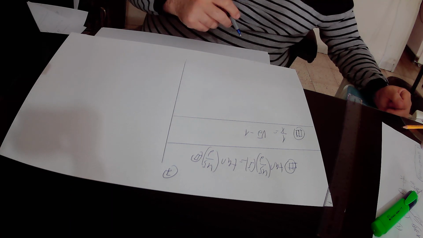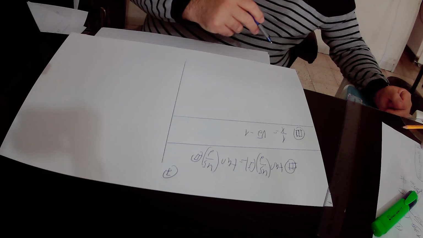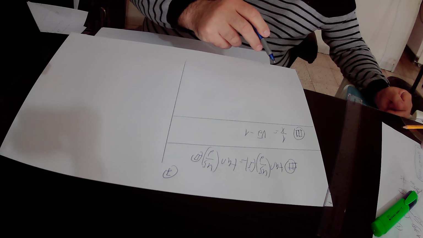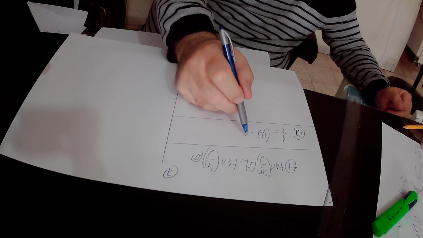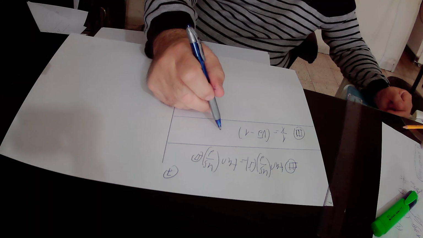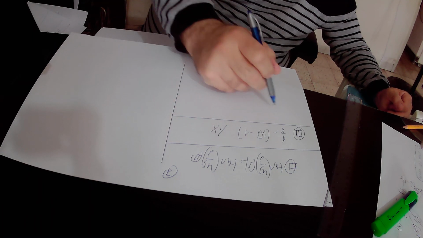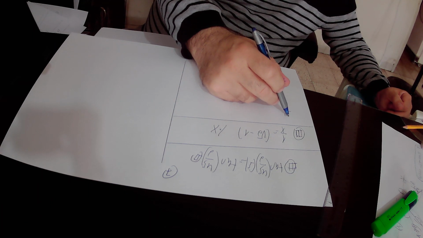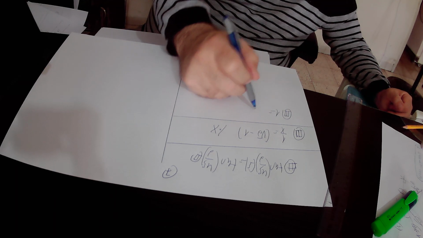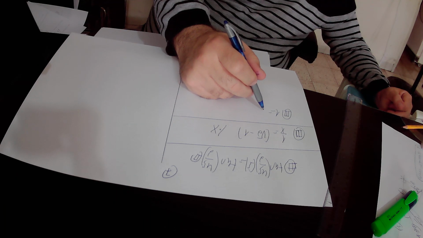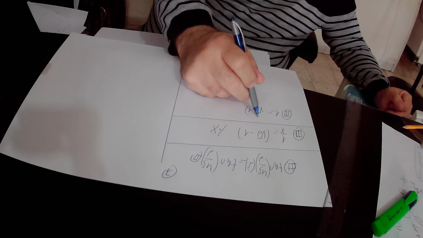So according to equation number 3, we found out that 1 over x equals the square root of 2 minus 1. Here we multiply this equation number 3 by x, and we get that 1 equals the square root of 2 minus 1 times x.